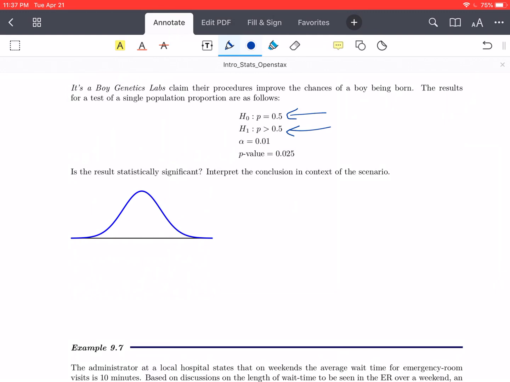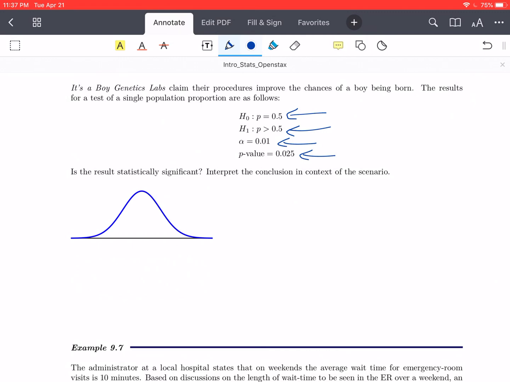They're testing it at a 0.01 level of significance, so a 99% confidence. And we get that the p-value is 0.025, so the probability of getting these results with p being 0.5 would be about 2.5%.